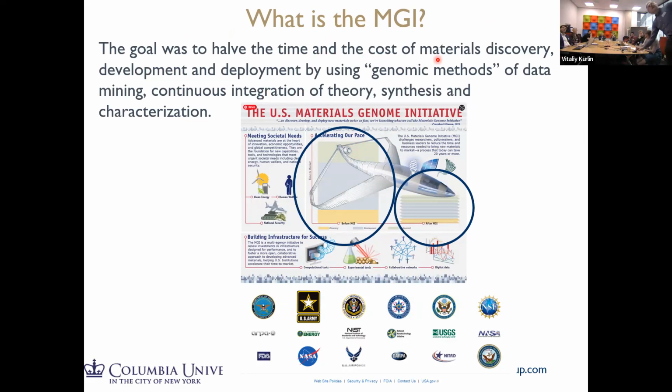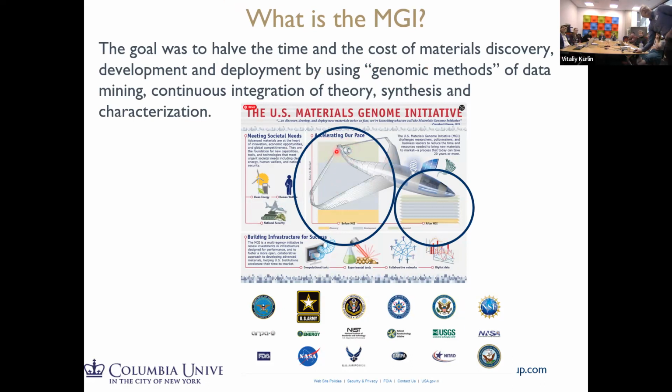So if we take a genomic approach, in other words, a kind of data analytic approach, we can do better predictions and we can actually accelerate all of these things. Basically the idea was to halve the time and the cost of materials discovery and bringing new materials into operations.